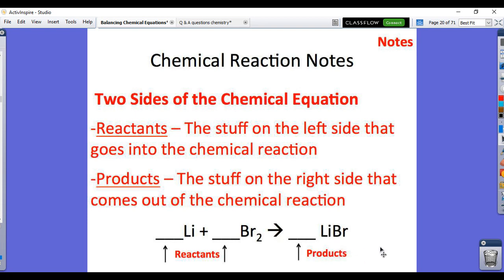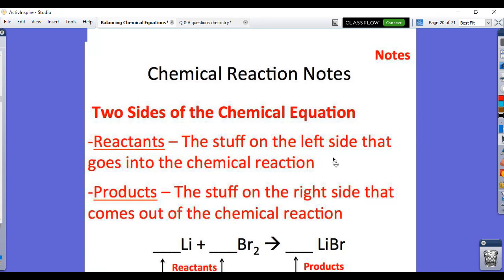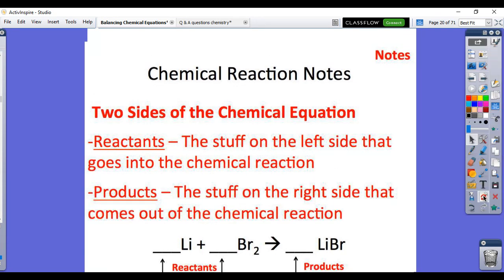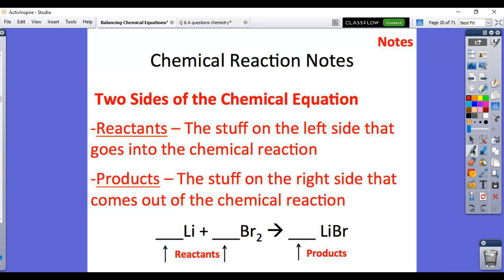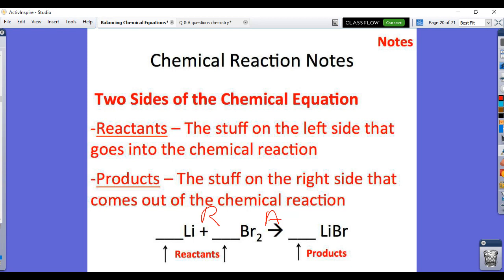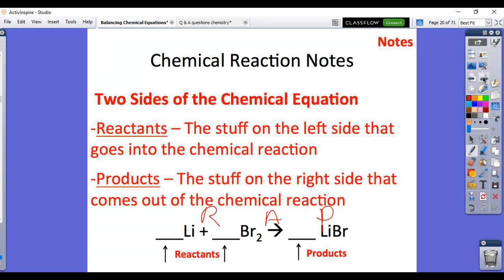If you can remember this little acronym, RAP, that will help you remember that the reactant's on the left and the product is on the right, and the A stands for the arrow. So you'll never forget, because I will ask you which side is the product side and which side is the reactant side.